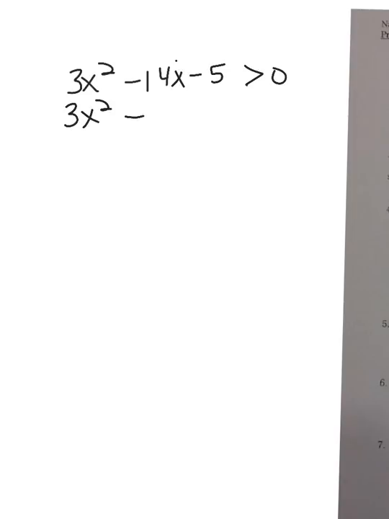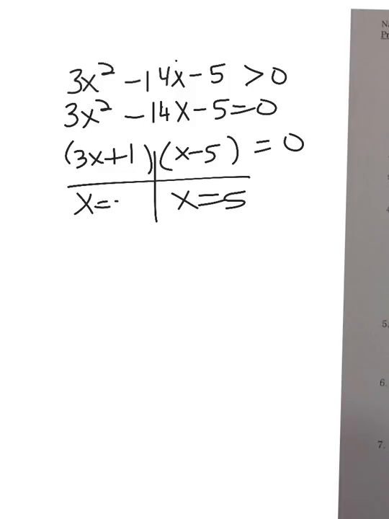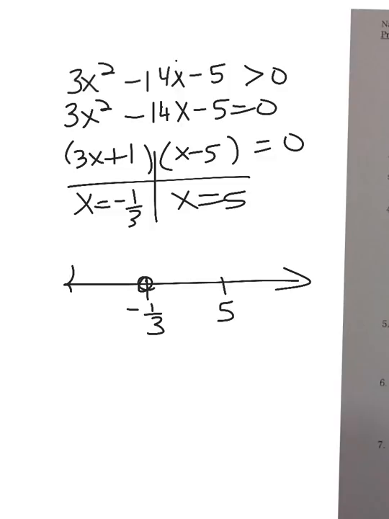So change the inequality to an equal sign. And then you factor. When we factor, using the master product, we get (3x plus 1)(x minus 5). So my solutions are x equals 5, and x equals negative 1/3. Okay, so on the number line I have negative 1/3 and 5.